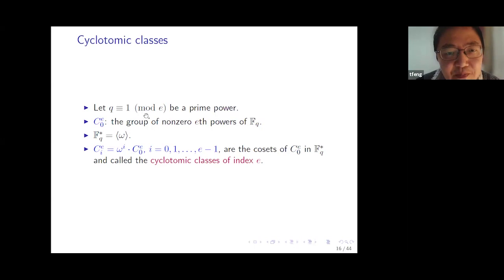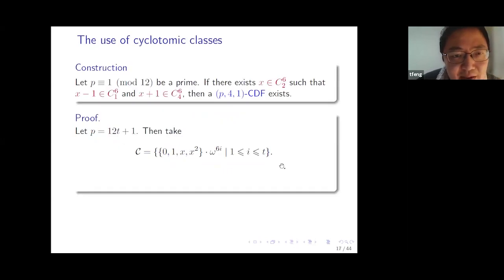Let q be a prime power congruent to 1 modulo e, and let C_0^e be the group of e-th powers of the non-zero elements of F_q. Let omega be a primitive element of the finite field of order q, and the notation C_i^e denotes the cosets of C_0^e in F_q*, called the cyclotomic classes of index e.